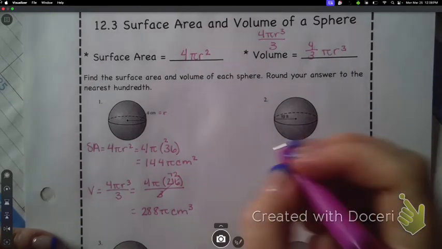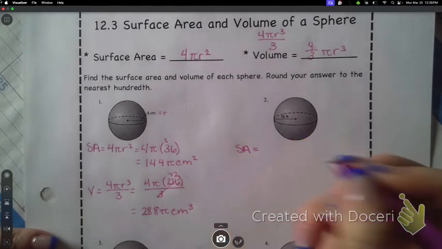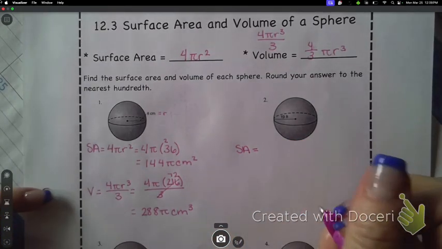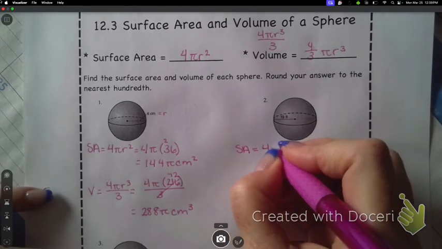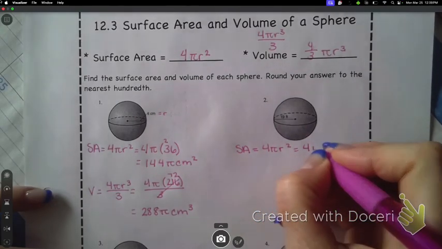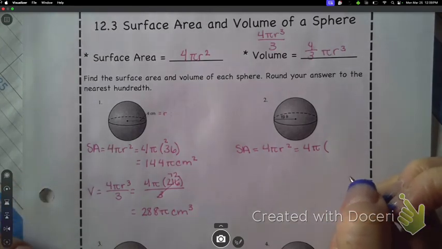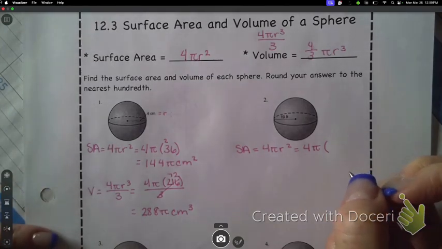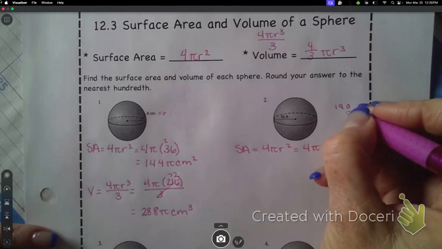Okay, surface area. 4 pi r squared. So 4 pi times, what's r? 19. So you need 19 squared. If you don't know it, you should be calculating it, right?